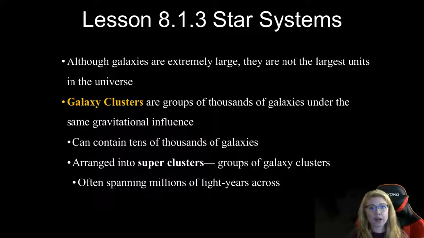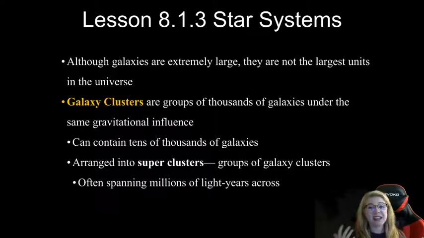Again, one of those concepts that's almost incomprehensible. It's hard for us to wrap our mind around it because it's just so expansive and out there in space. When we look up at the stars, it's hard to imagine that there could be thousands of galaxies, each hundreds of millions of light years wide, and they're in groups, and they're all moving too. And so those are the galaxy clusters.